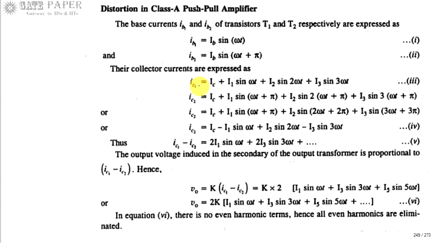So IC1 can be represented in this way. IC1 is equal to IC plus I1 sin omega t plus I2 sin 2 omega t plus I3 sin 3 omega t. 2 omega t is the second harmonic, 3 omega t is the third harmonic.